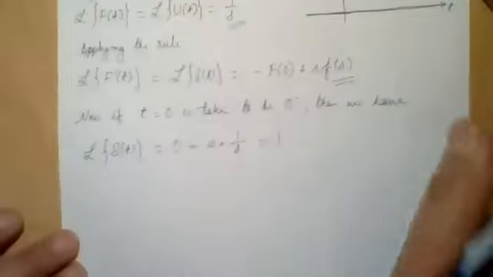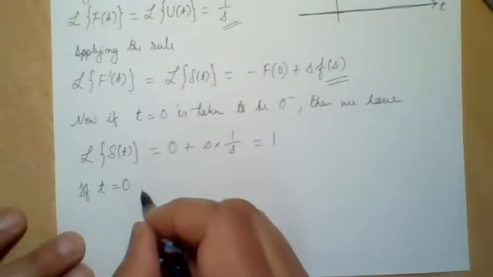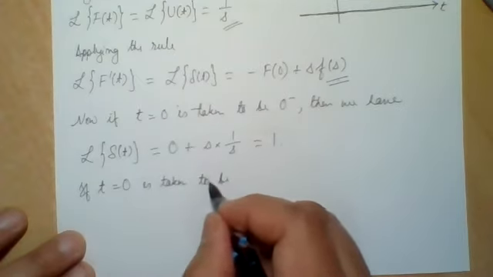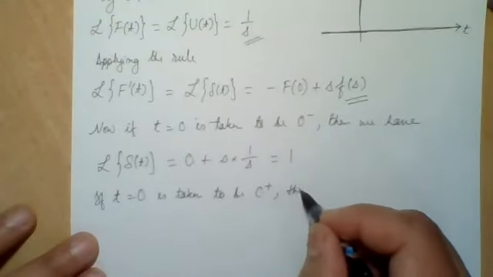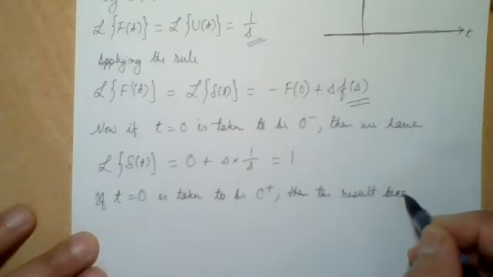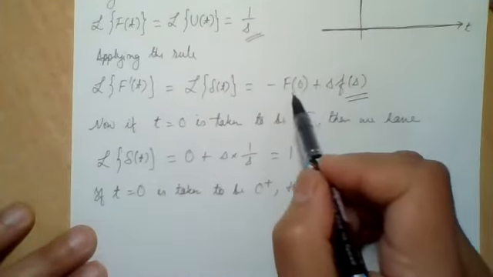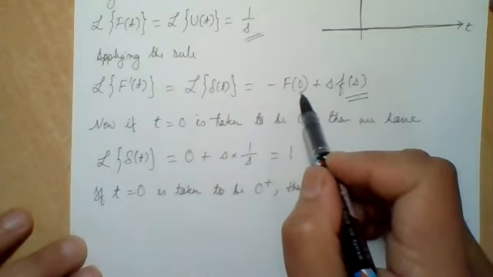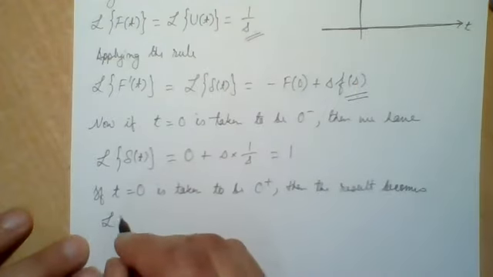Second case: if t equal to 0 is taken to be 0 plus, the right hand limit, then the result becomes, with f of 0 being the value of the function at t equal to 0 taken as the right hand limit, 1.